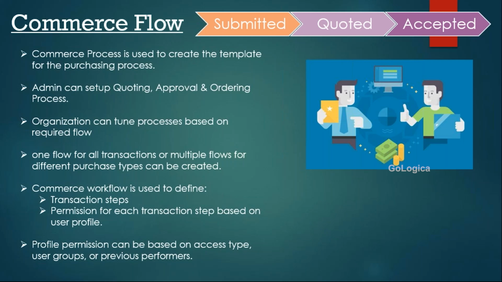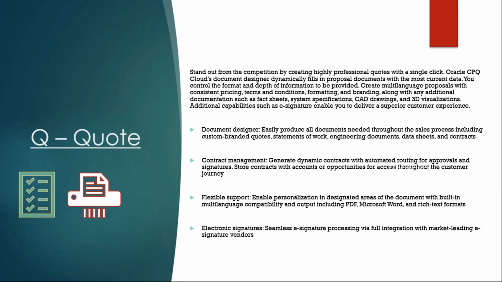Those type of setups we can do in the commerce process. We can get access by using the groups and the profiles that we define in the steps, or that we create in the groups. Those things we can handle in the commerce flow. So this is about the commerce and the quote.